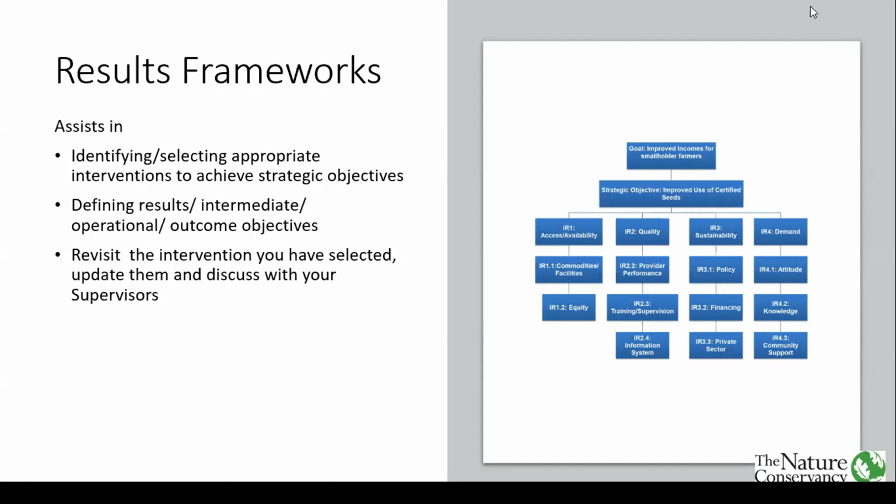For example, if you're looking at improved income for farmers and smallholders, then a strategic objective would be improved use of certified seeds. Your first result can be, for example, on availability of those seeds. And then for each result, there are specific activities, outputs, and outcomes.